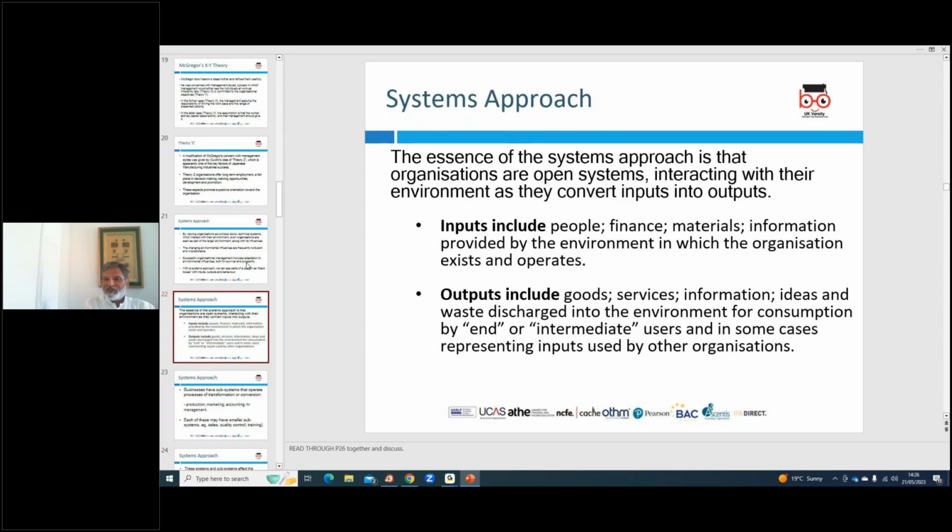So the main essence of the system is that organizations are open systems and they interact with the environment. So therefore, this is the systems approach. They looked at organizations with a systems approach.